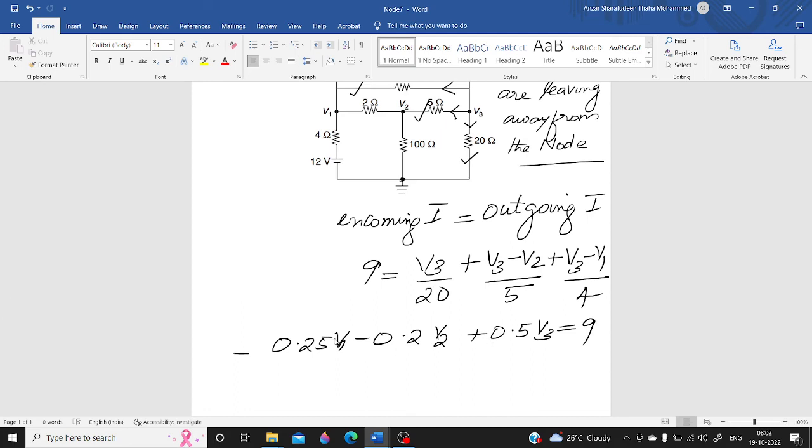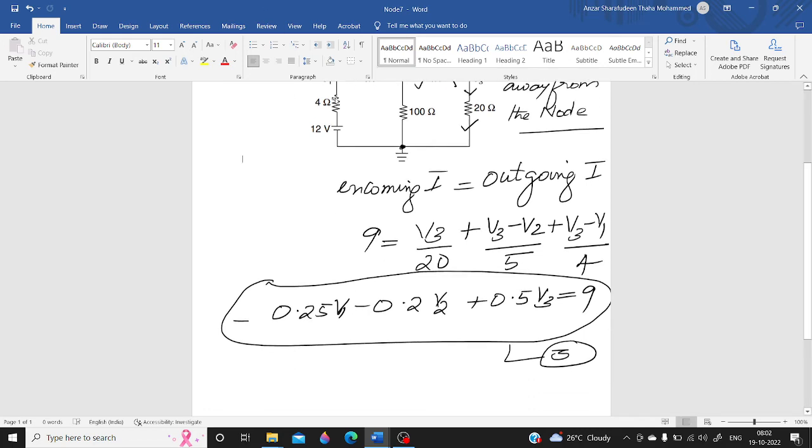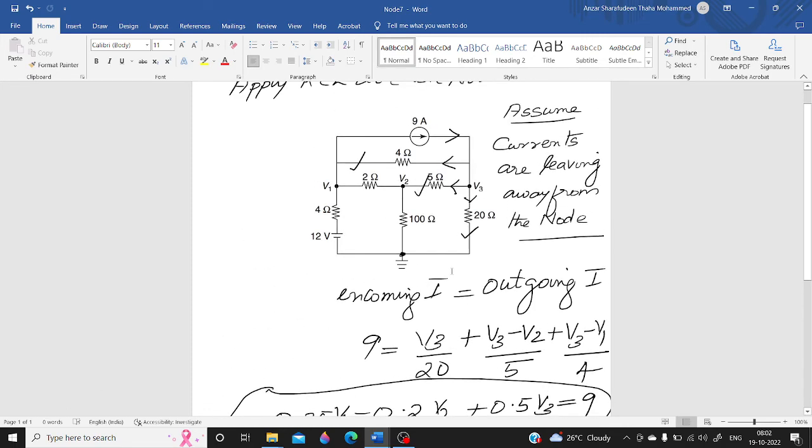So this is equation number 3. Now you have three equations, and you can solve them for the three unknowns V1, V2 and V3. Once you find V1, V2 and V3, you can solve for any branch current.